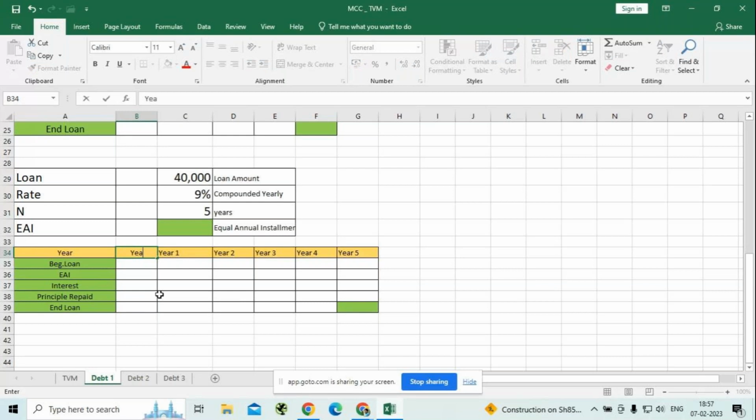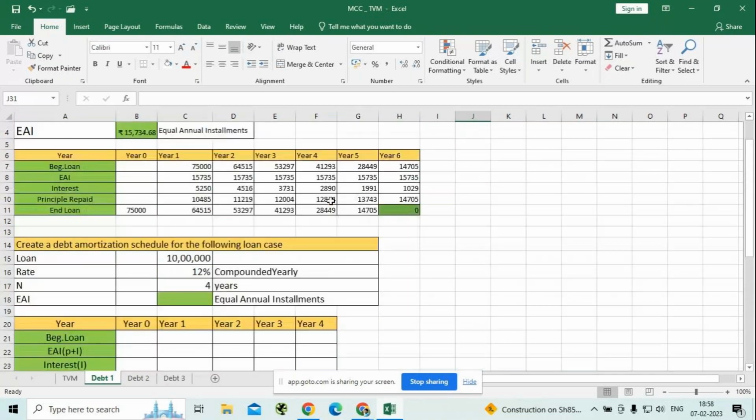If you do it for only year 1 and drag it, the end of the year's end loan should be 0. Is that clear? Or should I explain it once again to you people?